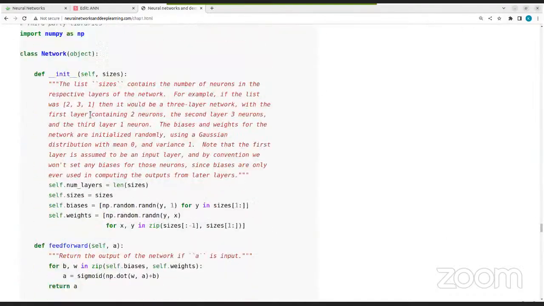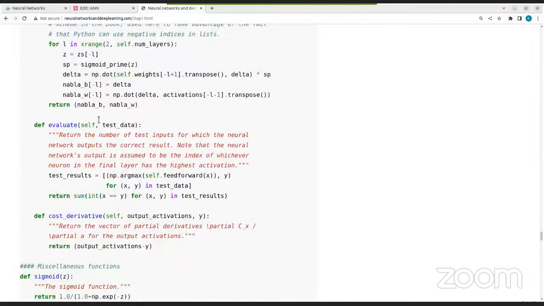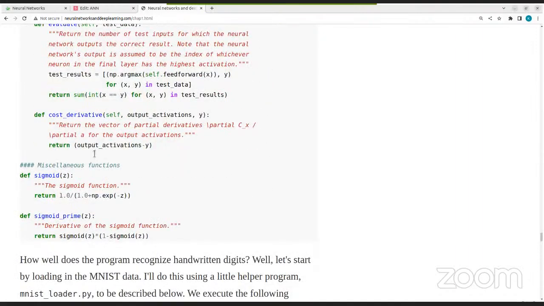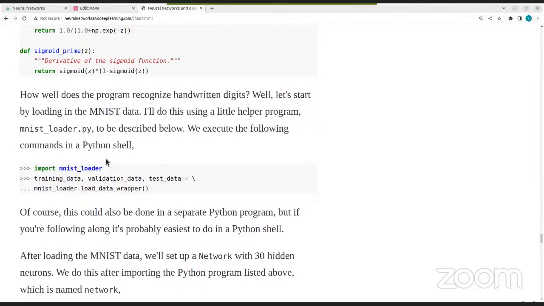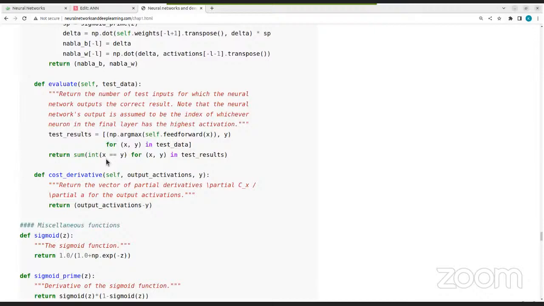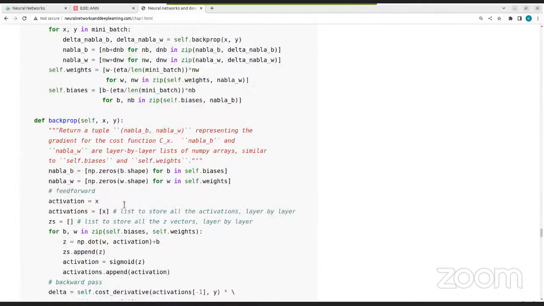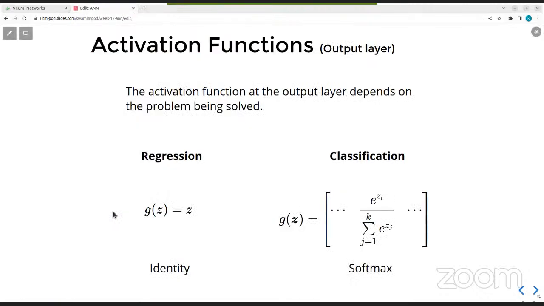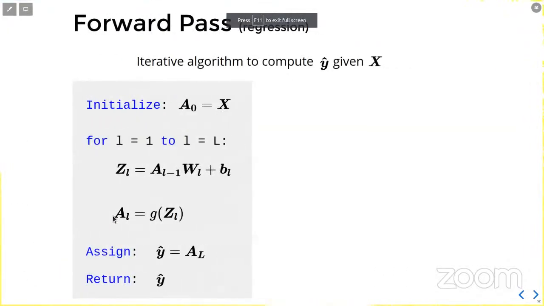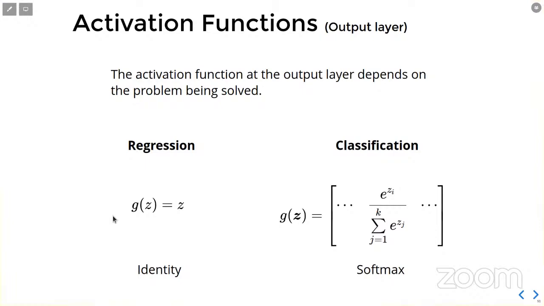They have initialization, feed forward, SGD, backprop, and evaluate. This textbook uses sigmoid throughout, for each class, even for multi-class classification. Depending on that, I think the cost function would also have changed. But it's not wrong. Whatever you studied in MLP is also valid. For the MLT course, if it is multi-class, then unless specified, it will be softmax.